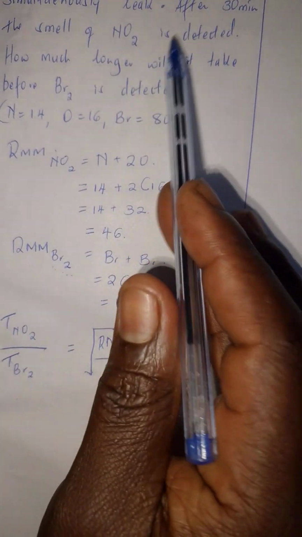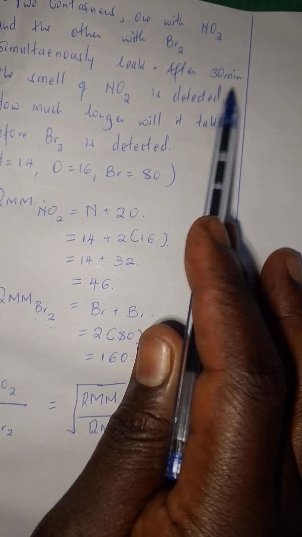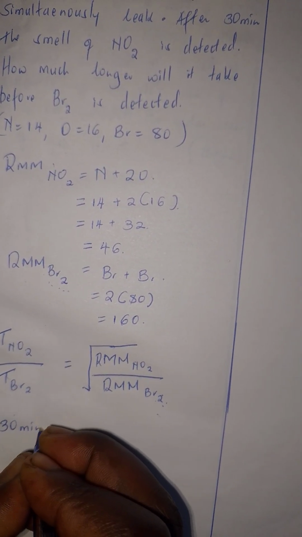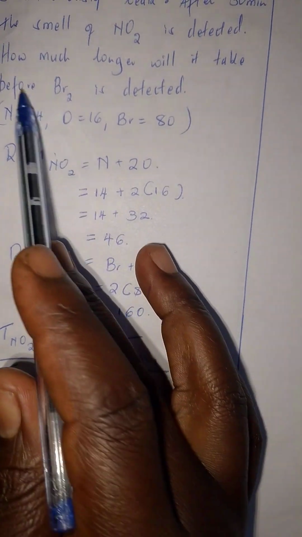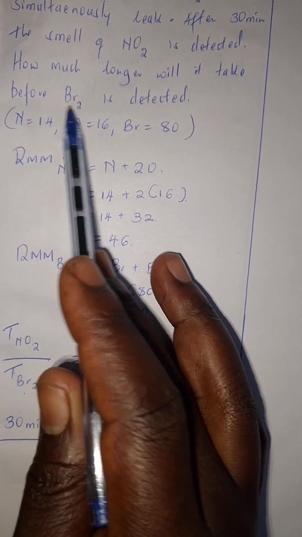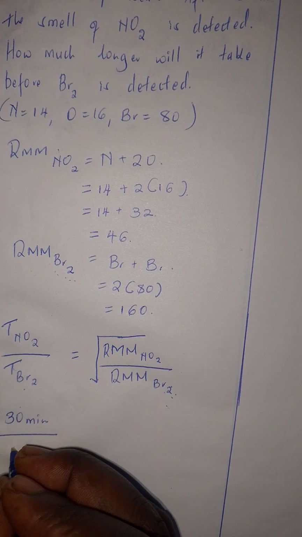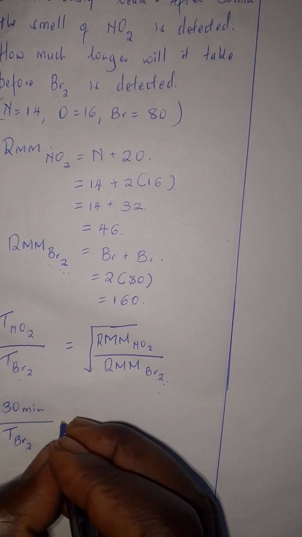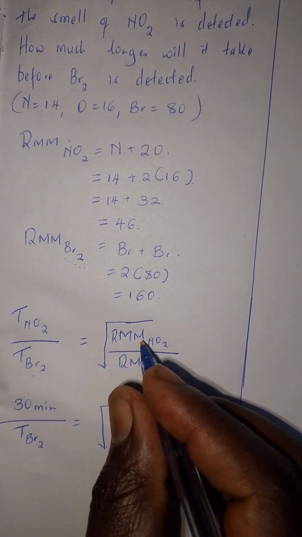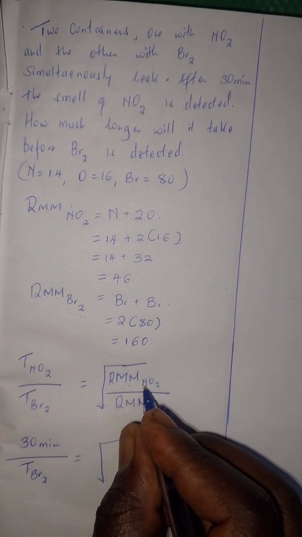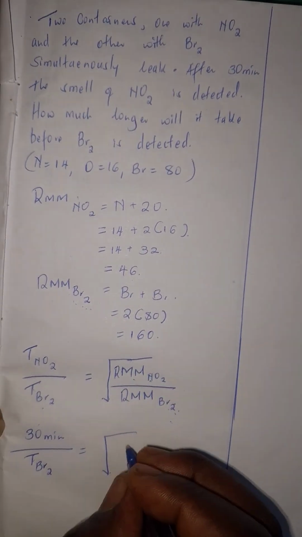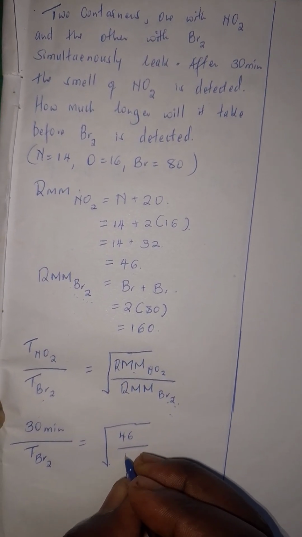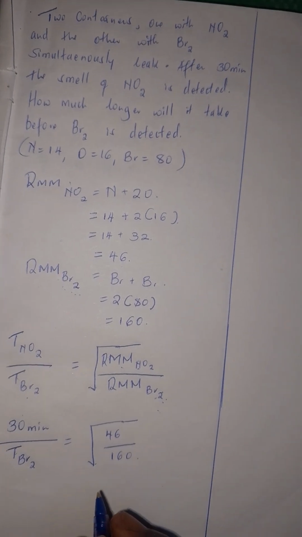So the time of nitrogen dioxide, we were told, is 30 minutes, so 30 minutes to the time of bromine. Here we are. We don't know the time of bromine because they asked us how much longer, but we can get the relative molecular mass of nitrogen dioxide, which is 46, over that of bromine gas, which is 160.